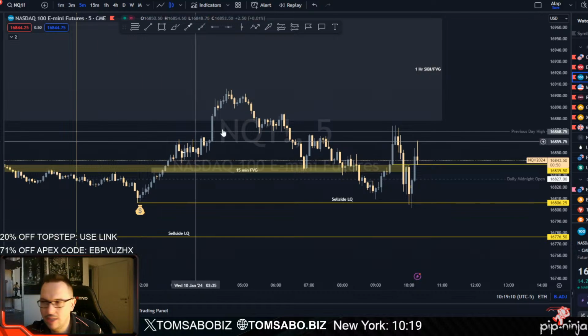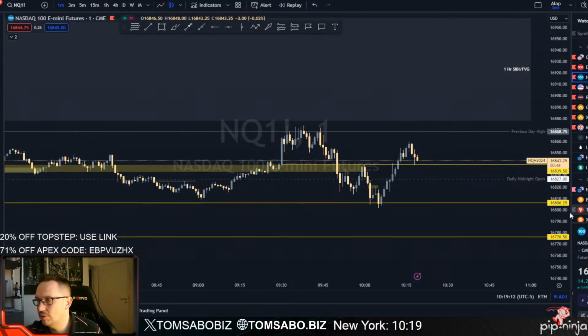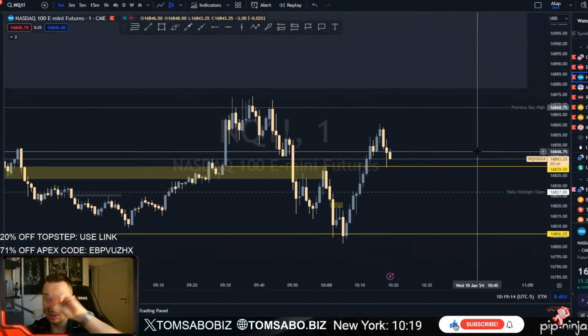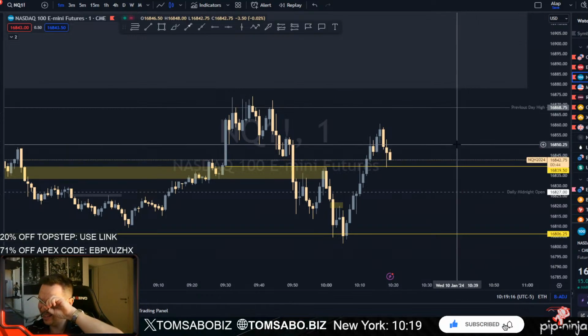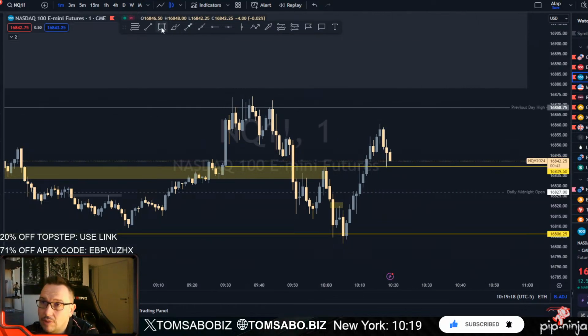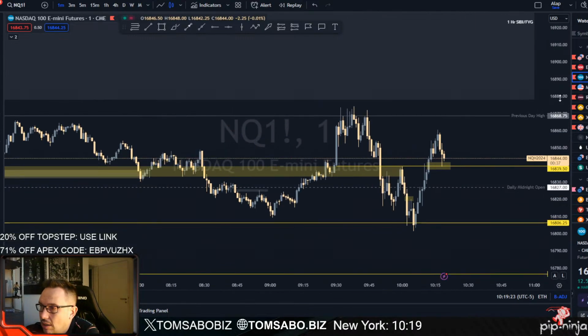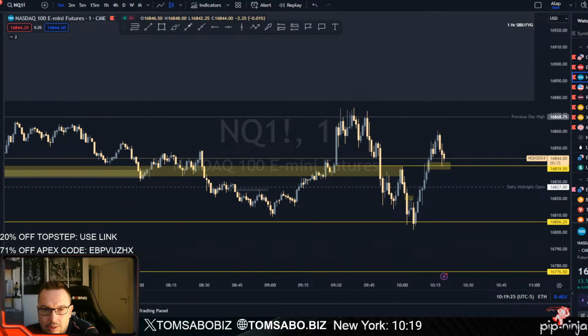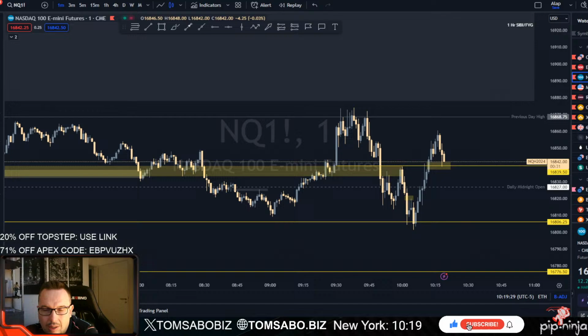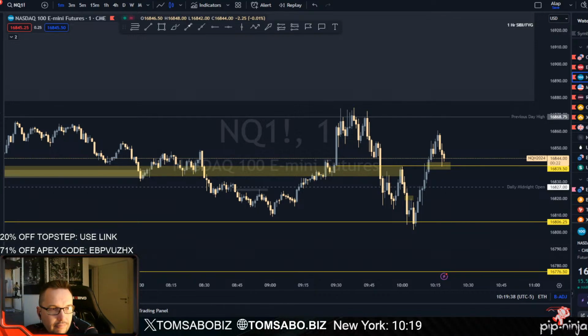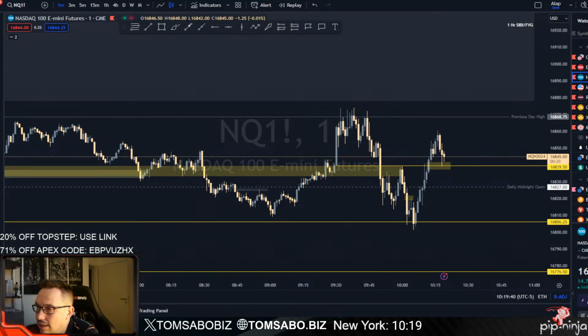So far we are ranging. If we go down here on the 1 minute, all we see is that we reclaimed a fair value gap here on the 1 minute right here. So are we going to push higher? That's a question. I don't know. It feels like a bullish breaker. Not a perfect one, but feels like it. Again, ES.